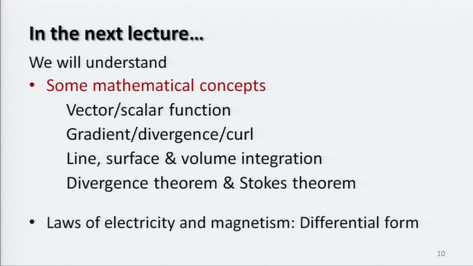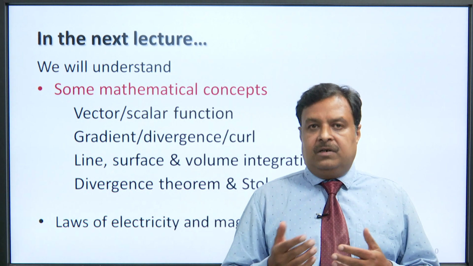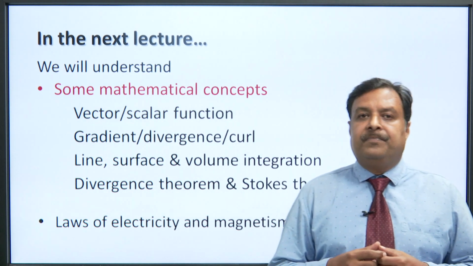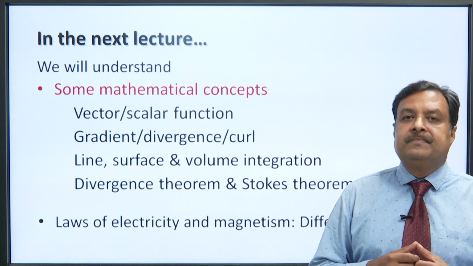Then we will understand what is meant by line integration, surface integration and volume integration, and we will also recall the divergence theorem, which is used to convert a surface integral into a volume integral, and Stokes theorem, which is used to convert a line integral into a surface integral.